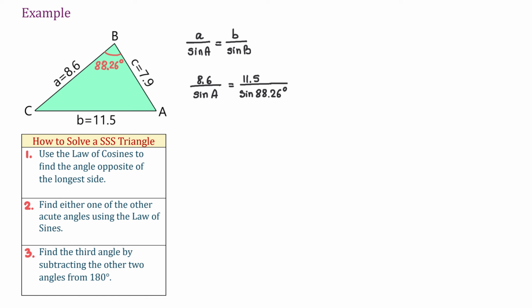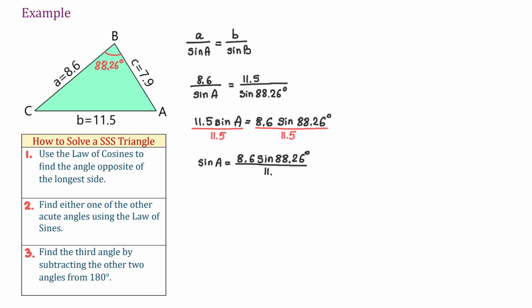Then if we use cross multiplying, we will have 11.5 sine of angle A equals 8.6 sine of 88.26. Then we will divide both sides by 11.5. Then sine of A equals 8.6 sine of 88.26 degrees over 11.5. And now to find angle A, we will use the inverse sine.